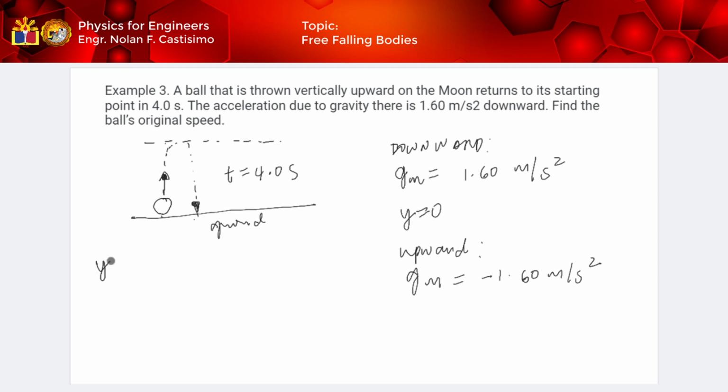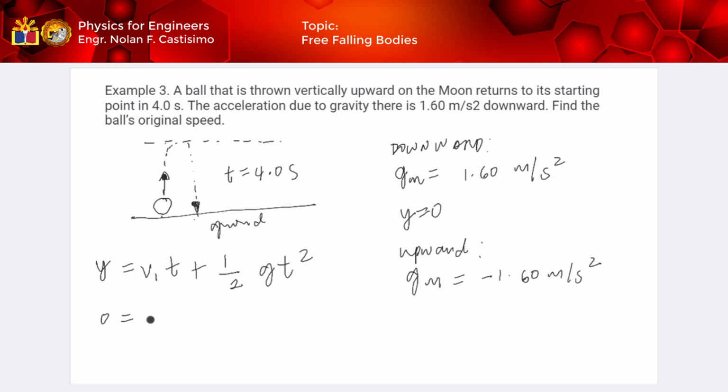So, our solution, our formula, y is equivalent to v1 t plus one half g t squared. So, find the original speed. So, andito yung original speed natin na v1. Okay? Tapos ito, solution natin, 0 na yan. And then, our value for t is 4.0 seconds.